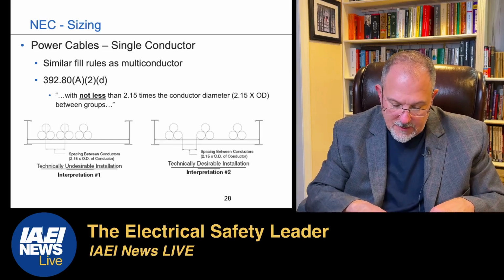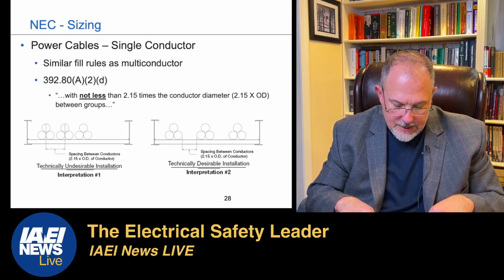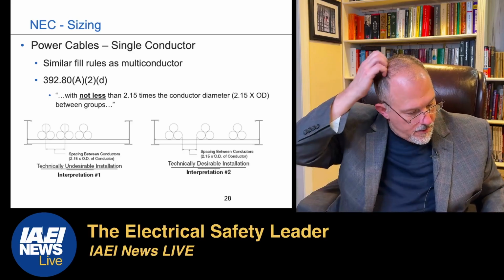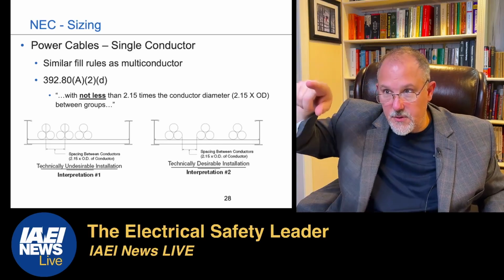A is ampacity of cables rated 2,000 volts or less in cable tray. And 2, single conductor cables. Okay.